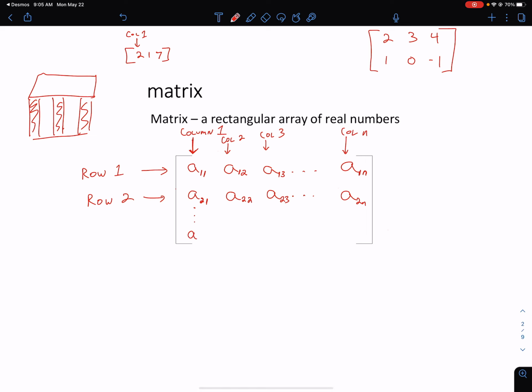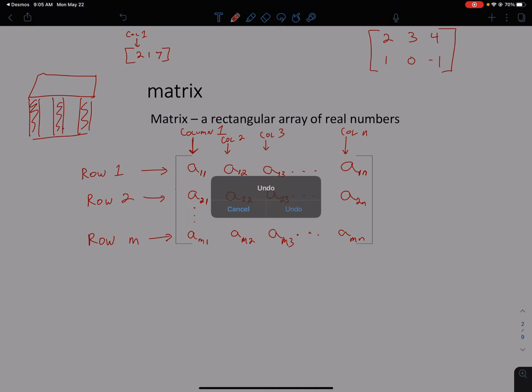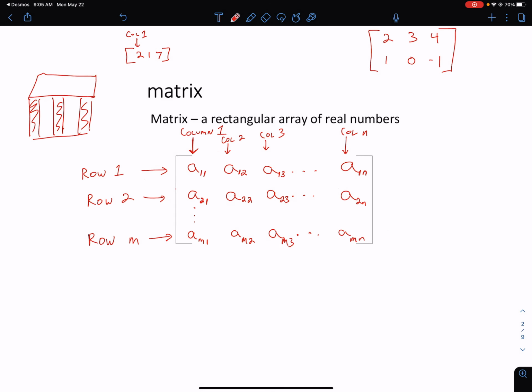Now let's make a random row down here, if our rows kept going. We'll call this row M because we don't know how many are in between 2 and M. So this would be element row M, column 1. Row M, column 2. Row M, column 3. Row M, column N. So that's how we're going to refer to the elements or the entries in each matrix. That's just a naming thing.